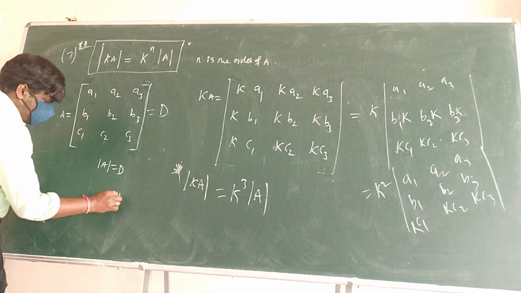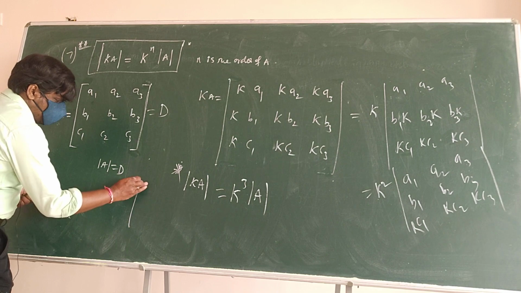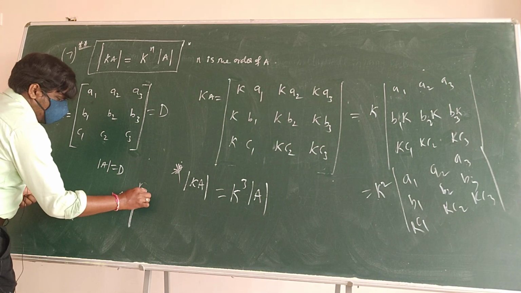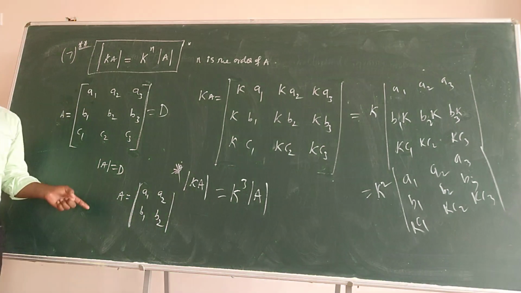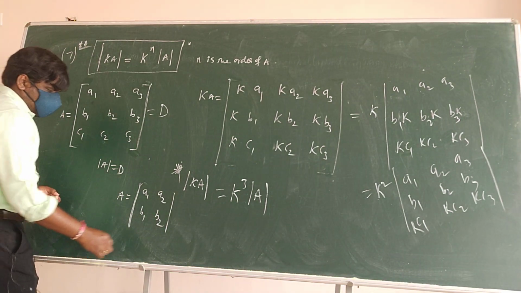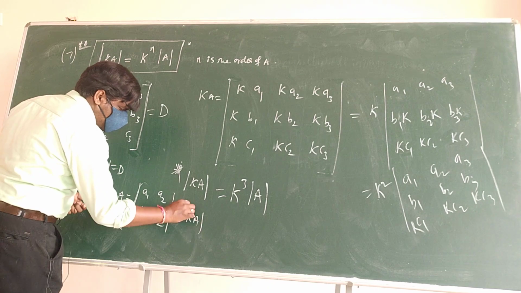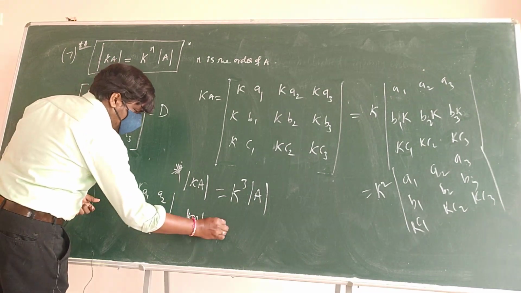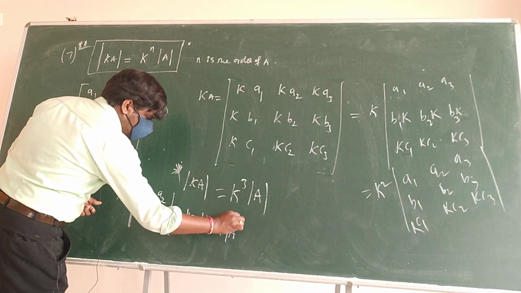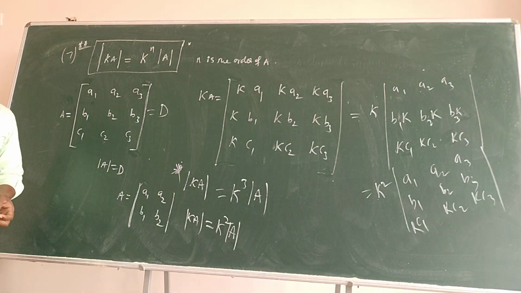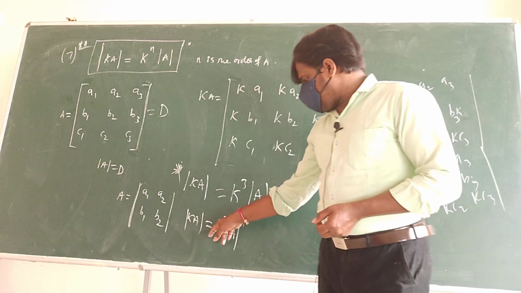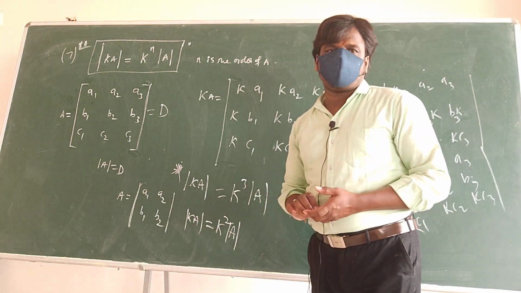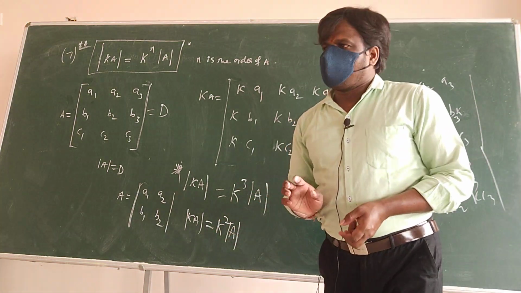Suppose A has A1, A2, B1, B2. This is a 2 by 2 matrix. So determinant of KA will be K square determinant A. Understand? It's important.